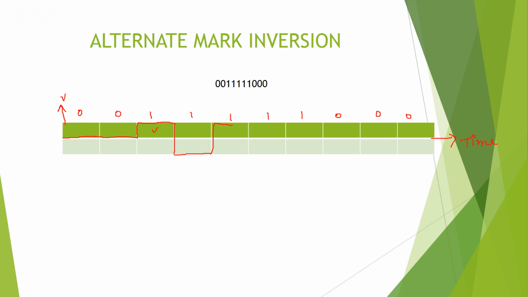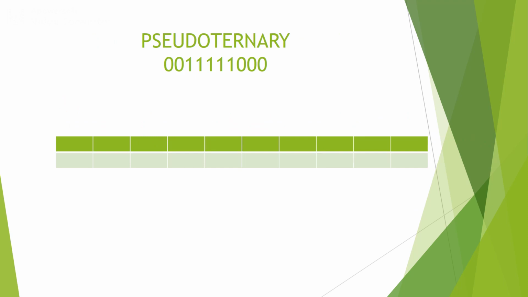So next will be positive, next will be negative, positive, and bit 0 is neutral, 0 voltage itself. So we can say that bit 0 can be represented using 0 voltage and bit 1 will be represented by alternating positive and negative voltages.